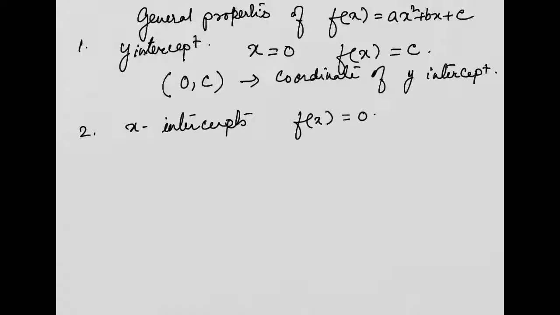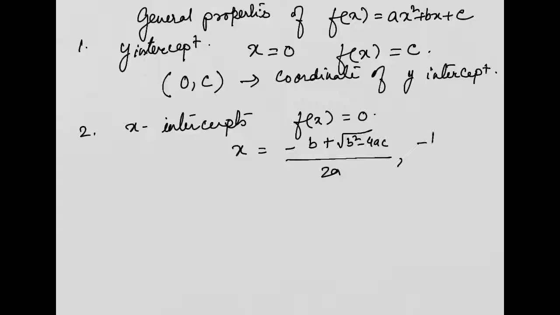Therefore, simply placing in the value 0, we get the same quadratic equation, and the solution we already know by formula: x equals minus b plus or minus square root of b square minus 4ac, all divided by 2a. Here again this discriminant plays a vital role.